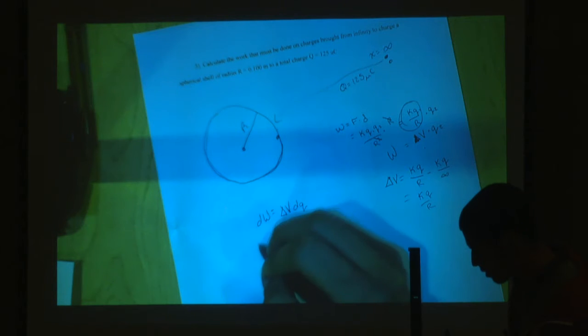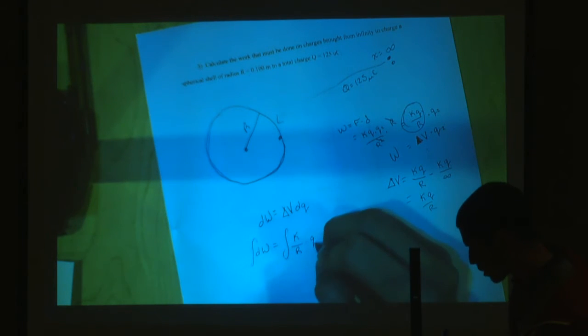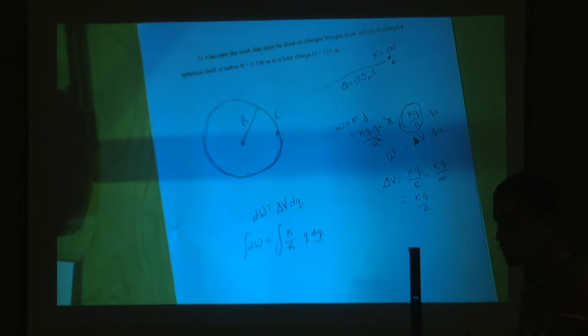Thus, we have the integral of dw equals the integral of K over R times Q dq. What are going to be our bounds? 0 to R. Does everyone agree? Taken with respect to dq, right?